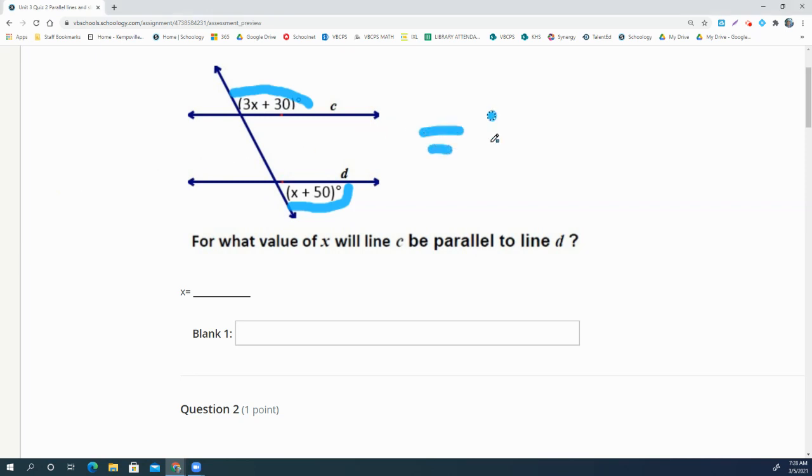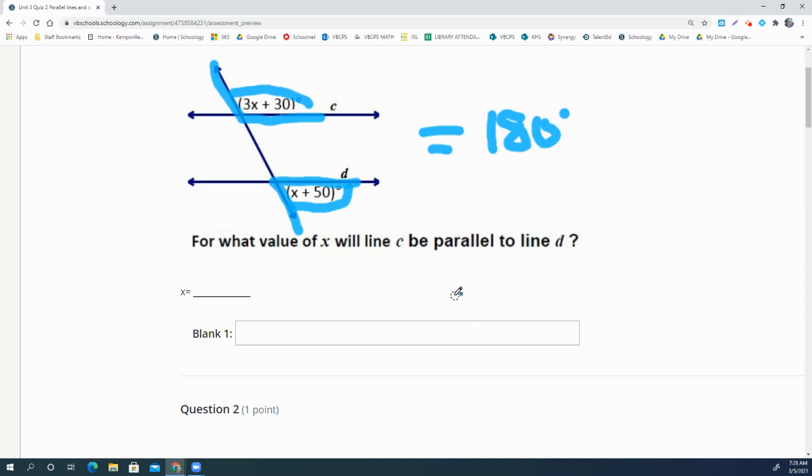So we're going to add these up and set them equal to 180. Why? Same side, supplementary. Same side is always supplementary. I have one obtuse angle up here. It is bigger than 90 degrees, and one acute angle down here.